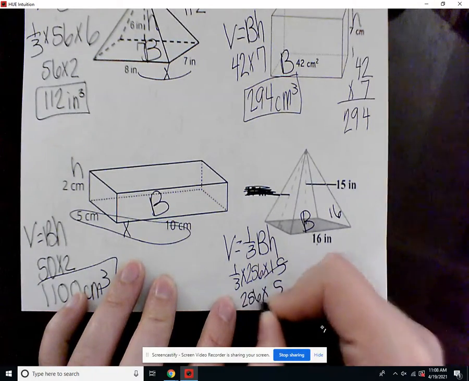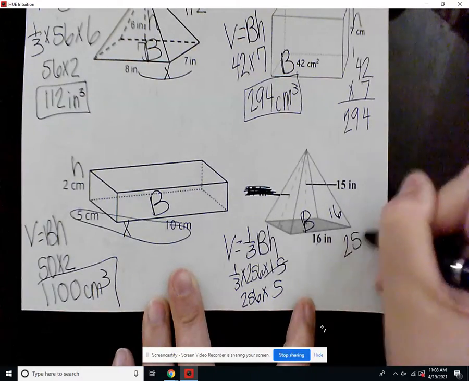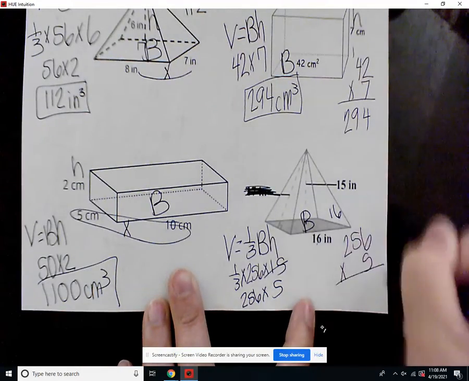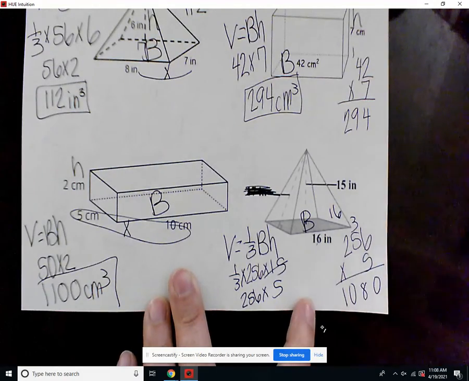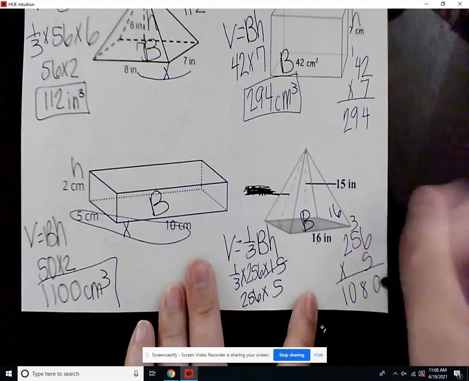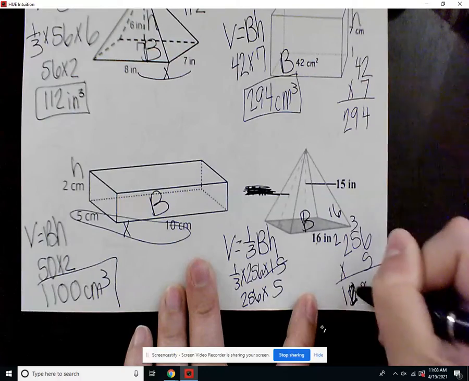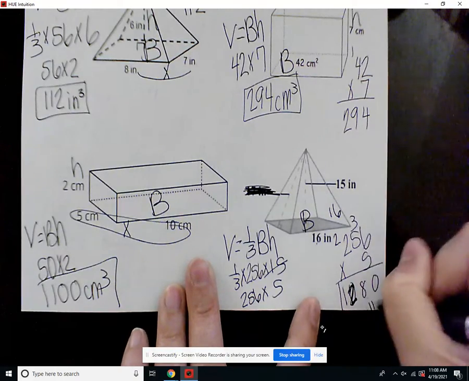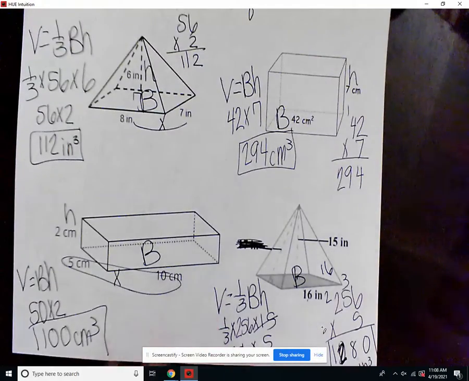And then I can now multiply 256 times 5, which is a lot smaller. So 256 times 5, 6 times 5 is 30, carry the 3, and we get 1,280 inches cubed. All right, so your homework is going to be just like this page.